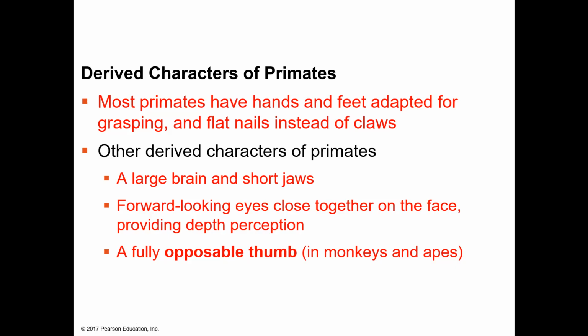Our forward close eyes allow for us to have better depth perception, which allows us to chase and grab onto prey. Another thing is a fully opposable thumb that's found in monkeys and apes, and of course we are a part of the ape group.